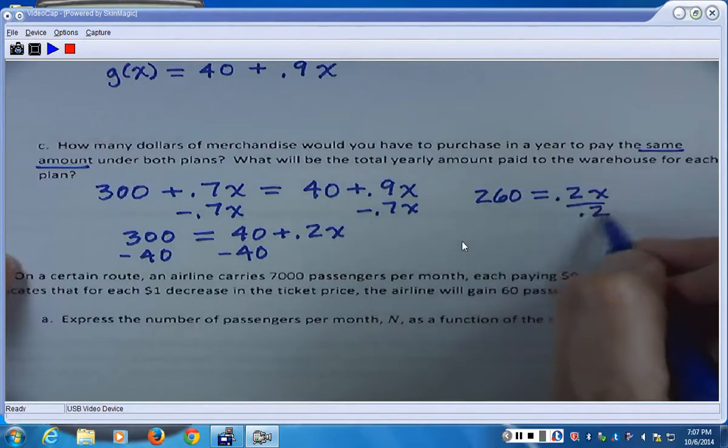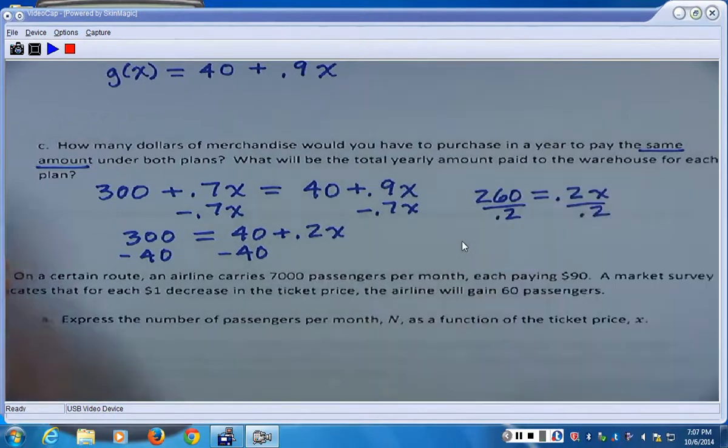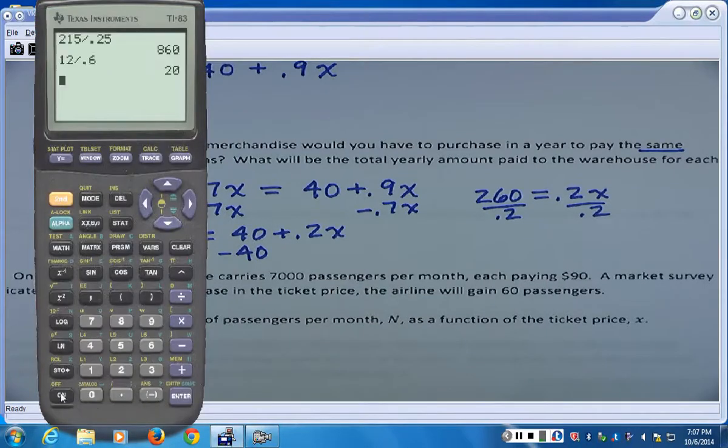Divide by 0.2. So we're going to get 260 divided by 0.2. 0.2 is the same as a fifth, so we're actually multiplying by 5. So we get $1,300.